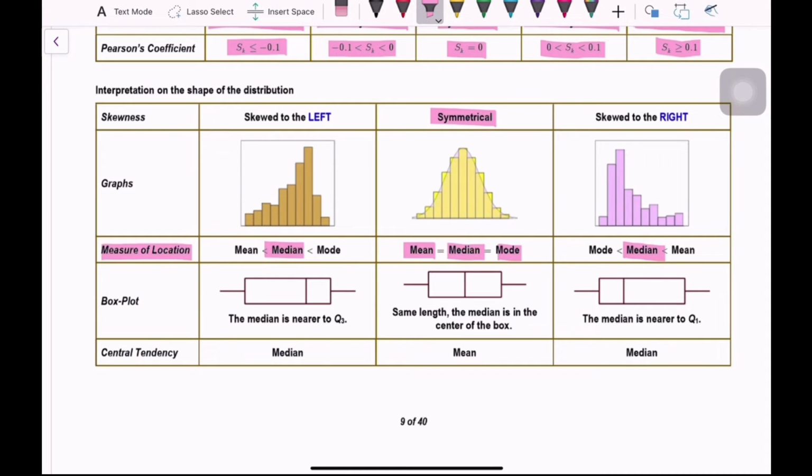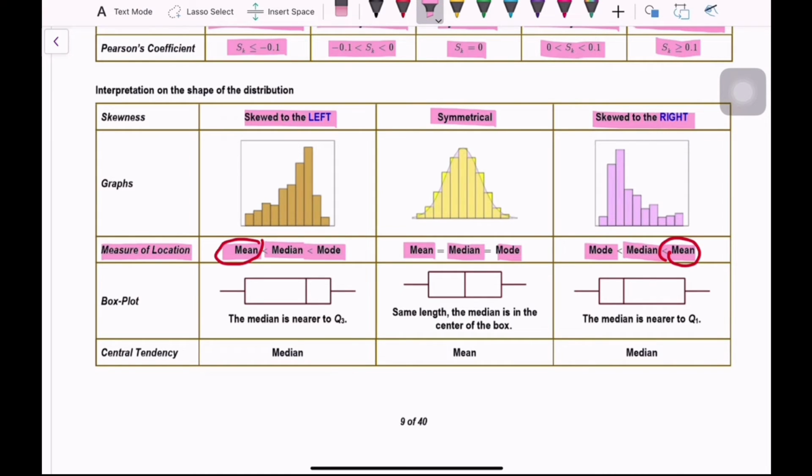If mean is less than mode, mean is to the left, so the data is skewed to the left. And if mean is bigger than mode, mean is to the right, so the data is skewed to the right.